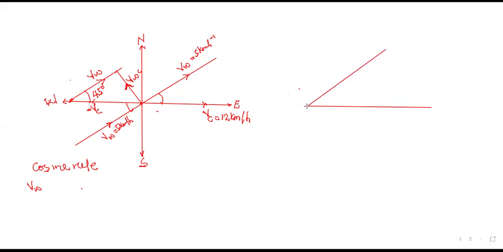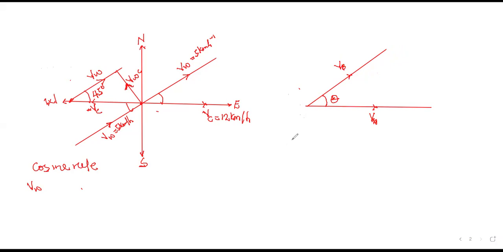So we have these two velocities. This is VA. This is VB. The angle between them is acute, theta.